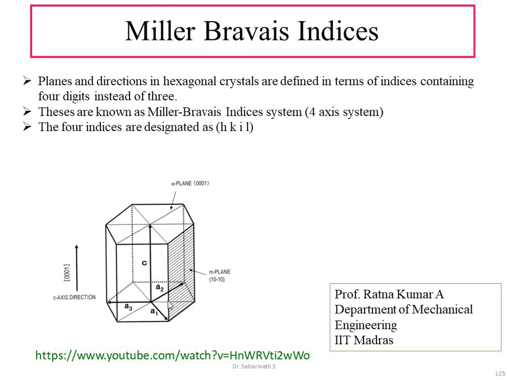In the previous one we took three indices, but here we will take four indices, named H, K, I and L, and this representation is known as the Miller-Bravais index system. It is basically a four-axis system. For the time being, just understand this concept, and those who need a detailed explanation can see this video.